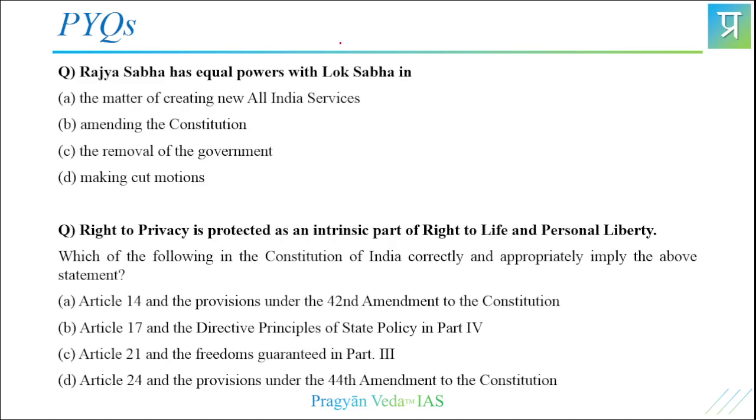Next question: Rajya Sabha has equal powers with Lok Sabha in what? In the matter of creating new All India Services. No, I think when it comes to creating All India Services, Rajya Sabha has the authority, right? Then amending the Constitution, yes, both have, right? It can be passed in either Lok Sabha or Rajya Sabha with a special majority.